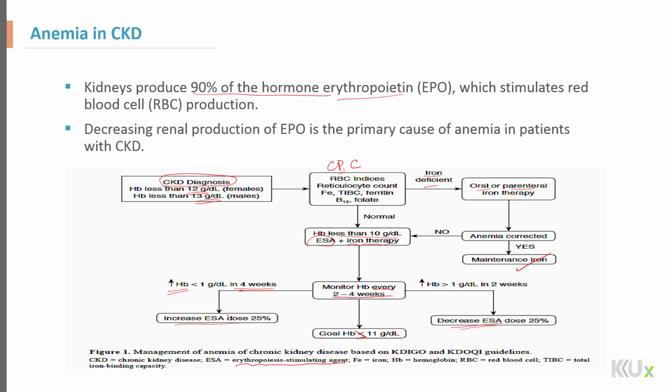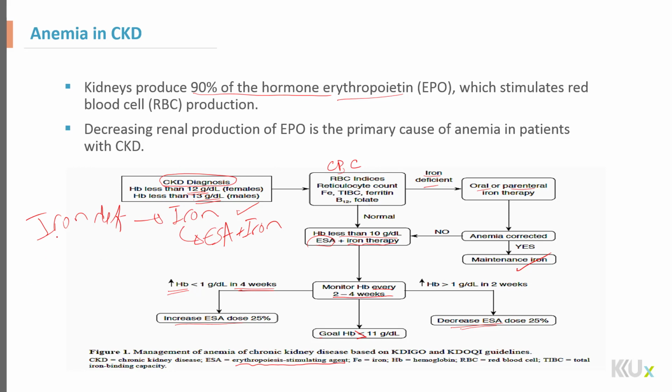So in summary, we should find if the patient has iron deficiency, and we should give iron first. If it is corrected, okay. Not corrected, we should start with ESA plus iron.